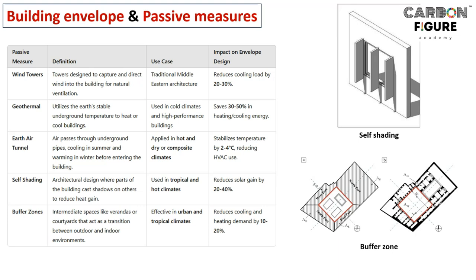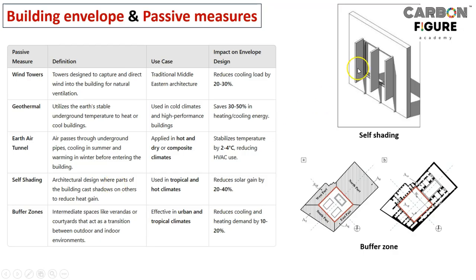Buffer zones are nothing but providing some courtyards, right? So open to sky zones would invite a lot of airflow into the building and would regulate the other spaces with respect to airflow and ventilation, right? That is a buffer zone.